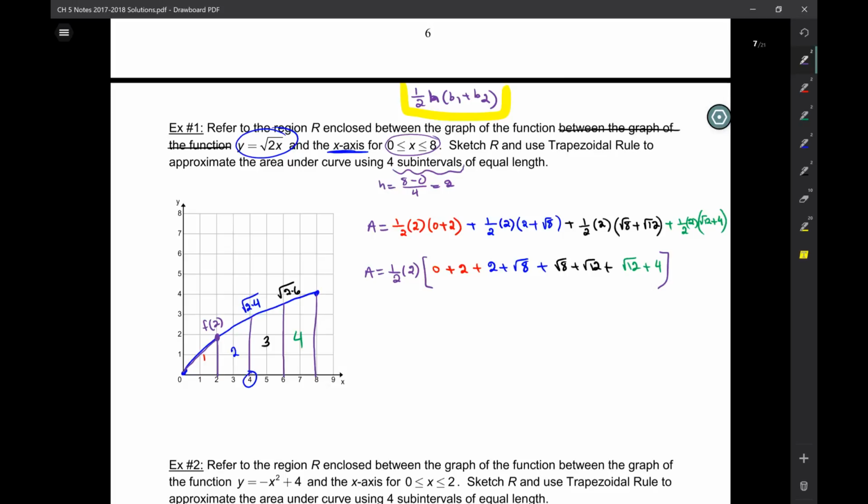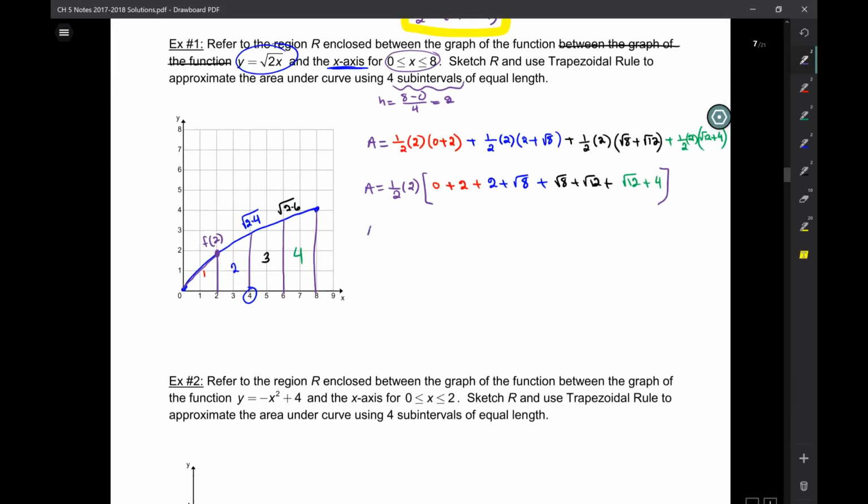One for the trapezoid on the left, one for the trapezoid on the right. The only ones that you only use once is the very left and the very right. So you can use that for the next ones and just say half times the height, base 1, 2 of each of the middle ones, and then the last piece. Okay?